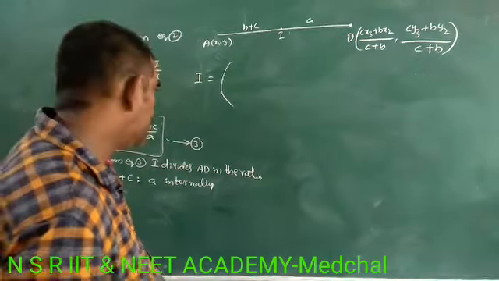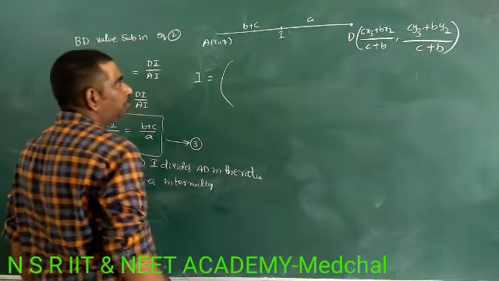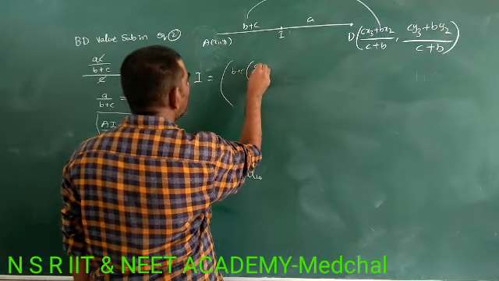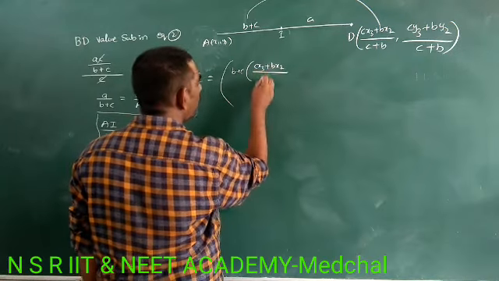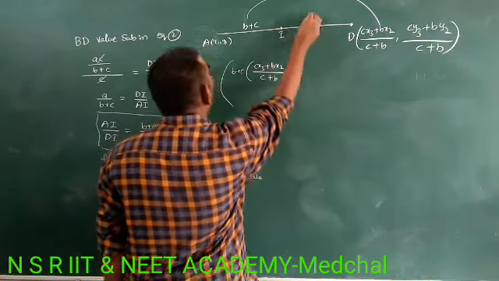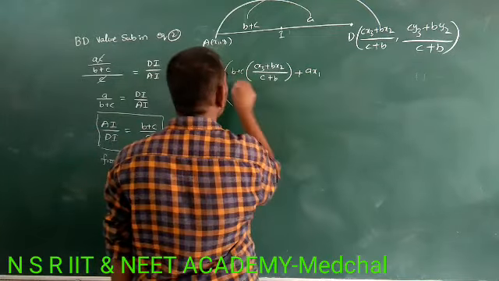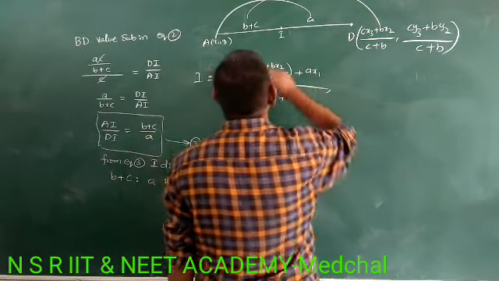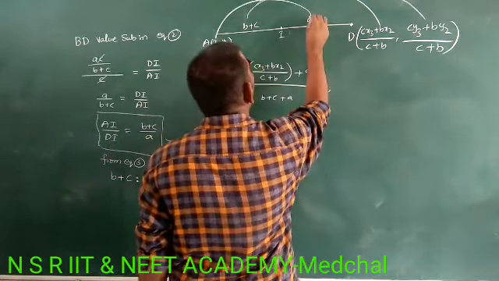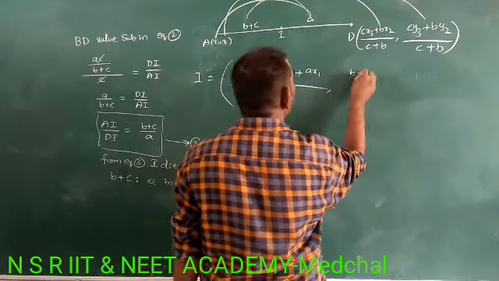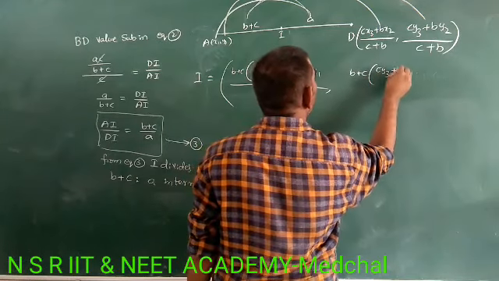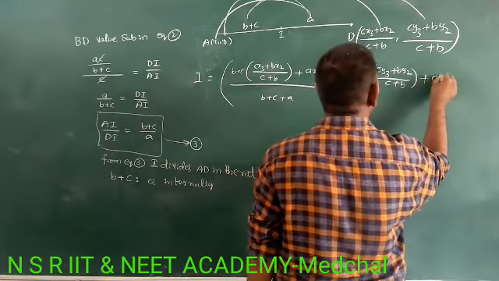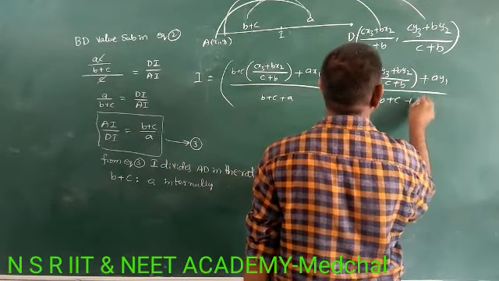Applying the section formula for internal division: B plus C into (Cx3 plus Bx2 by C plus B), plus A into x1, by B plus C plus A, comma, same for y: B plus C into (Cy3 plus By2 by C plus B) plus A into y1, by B plus C plus A.